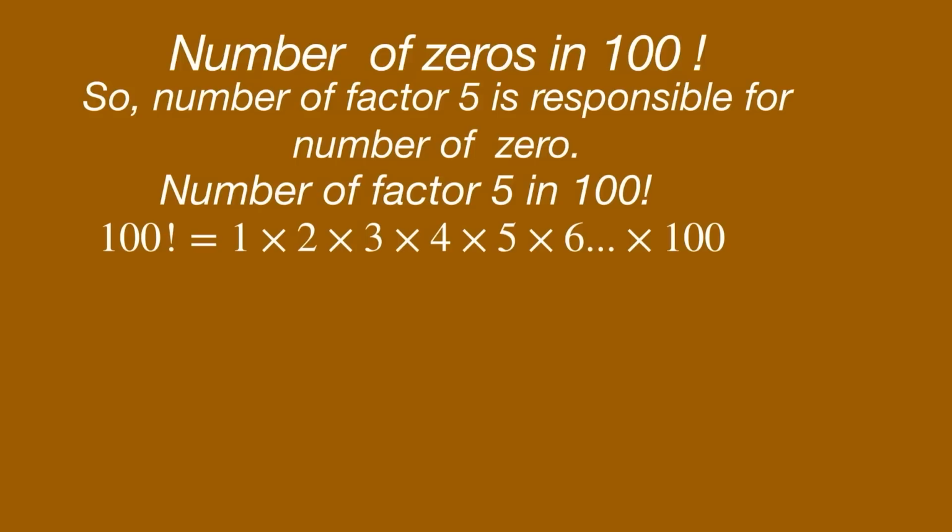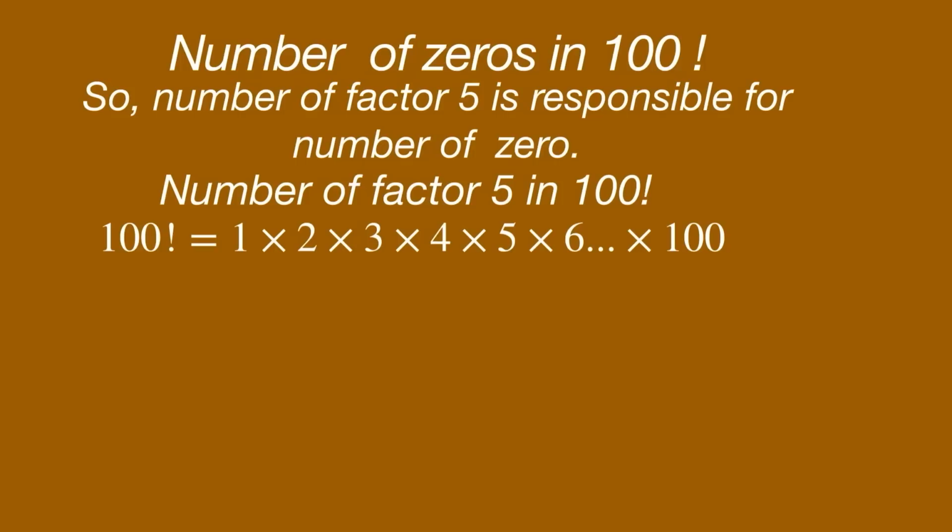If we see very minutely, then we can see that in 5 and then 10 and then 15 and then 20 there is the factor 5. Everywhere there is the number 5. So in every fifth number there lies one factor 5.